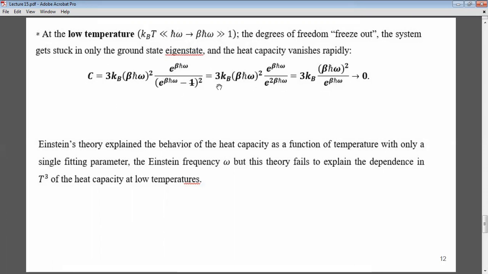So I will get 3 kB (beta h bar omega) squared, e to the beta h bar omega over e to the 2 beta h bar omega. This gives me 3 kB (beta h bar omega) squared over e to the beta h bar omega. This goes to 0 because I have an exponential of something very big.